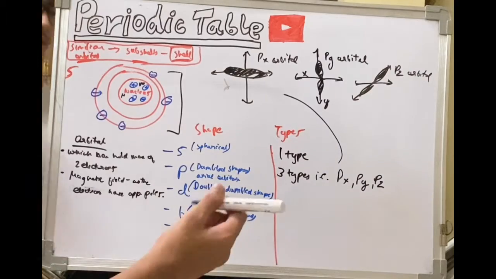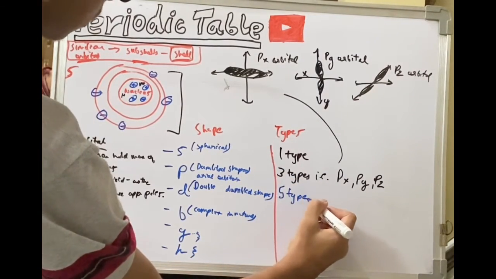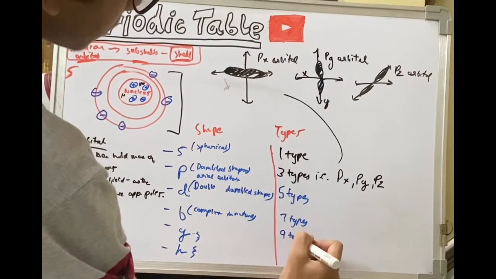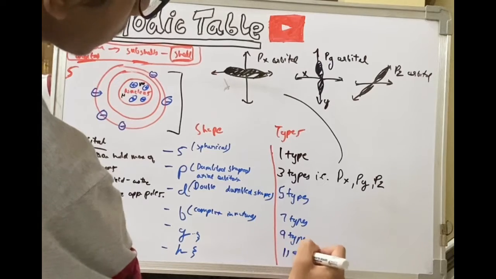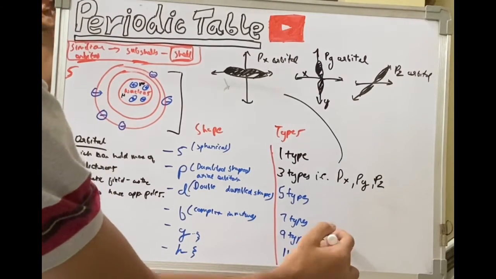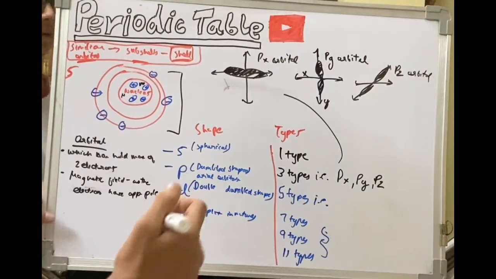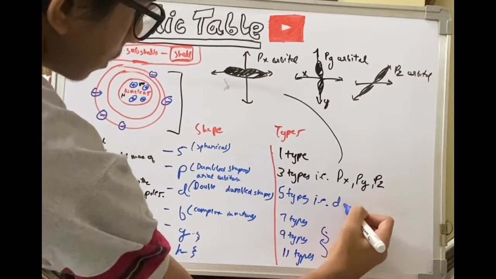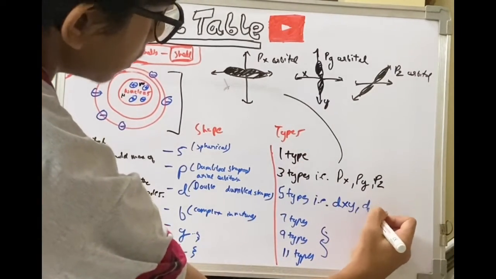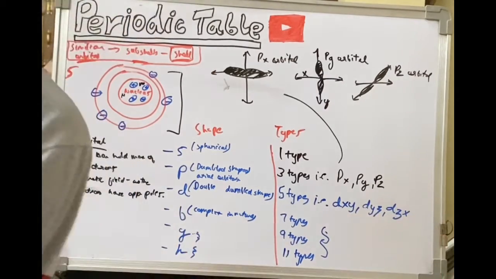So these come in 5 types. It's going by the order: 7 types, 9 types, 11 types. Okay. So we're not going to study much in this, but for now we'll study the d orbital. The 5 types are dxy, dyz, and dzx.